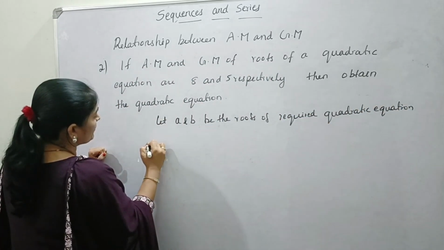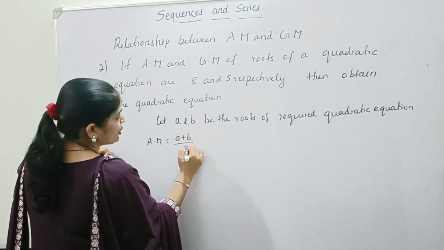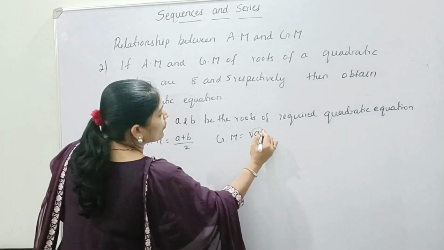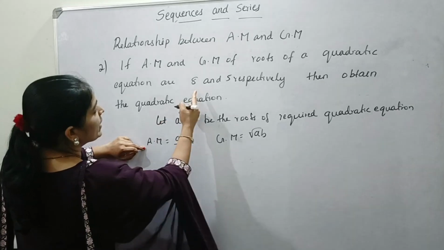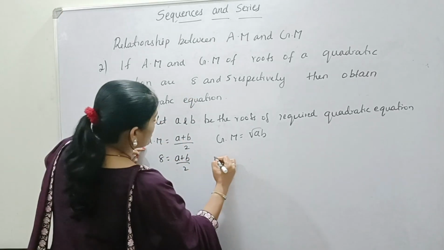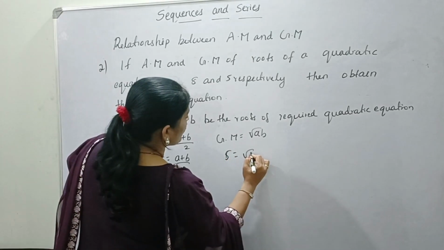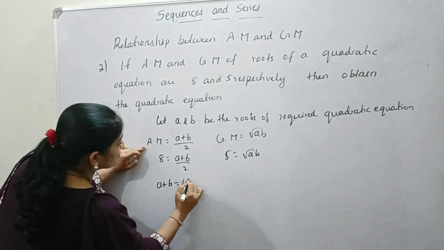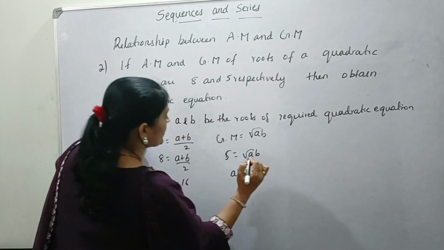Then the arithmetic mean is equal to (A plus B) by 2, and the geometric mean is equal to square root of AB. It is given that the arithmetic mean is 8, so 8 is equal to (A plus B) by 2, and the geometric mean is 5, which is equal to square root of AB. So we get A plus B is equal to 16 and AB is equal to 25.